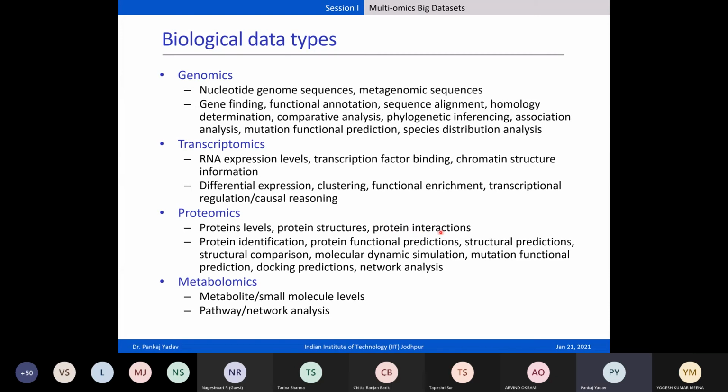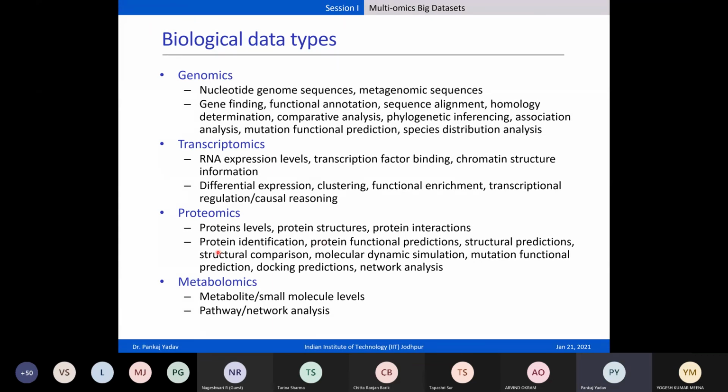And of course, protein interaction means exactly that you have more than one protein involved in some function. They may be physically interacting with each other. So let's say 2 or 3 proteins may be performing some function only when they are interacting with each other. Individually, they do not perform any function.